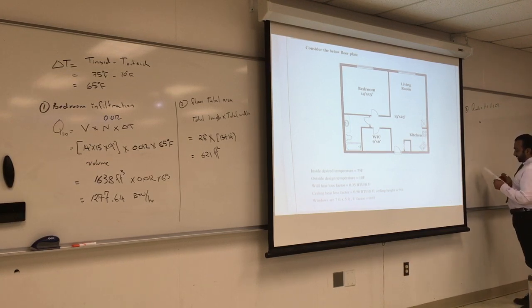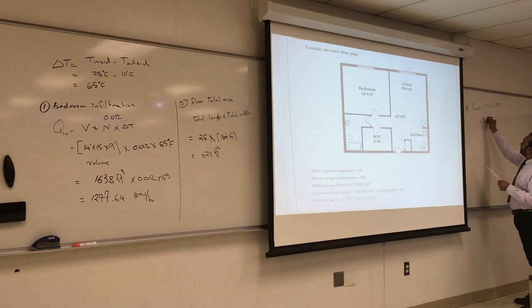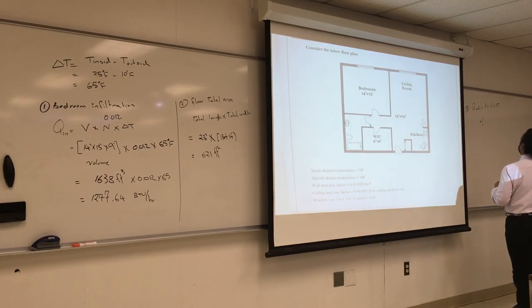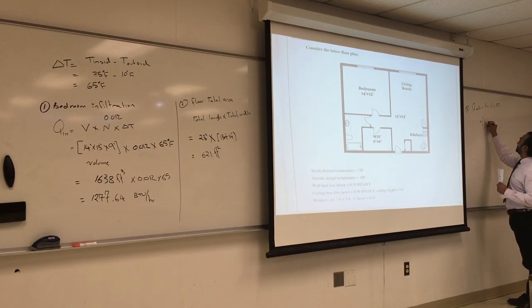Good? So, what is the wall? First wall. Each one of them, we're gonna do 14 times what? Height, which is 9 feet. Ceiling. Width. Okay, that's one of them.